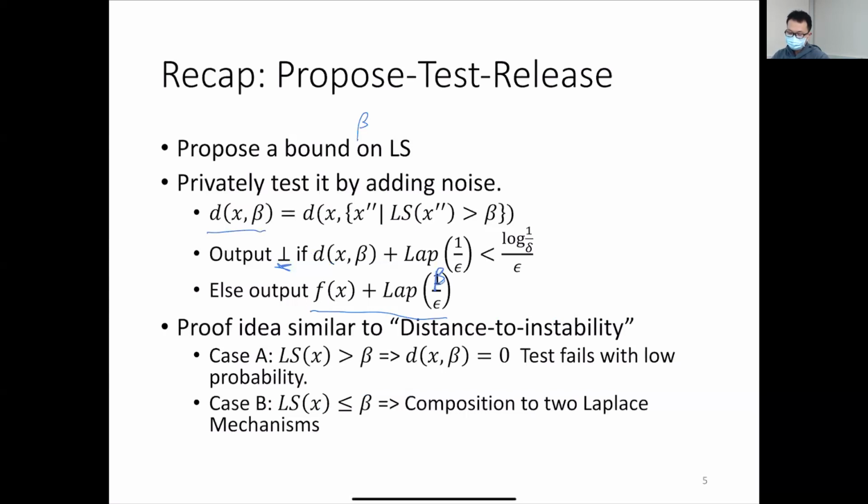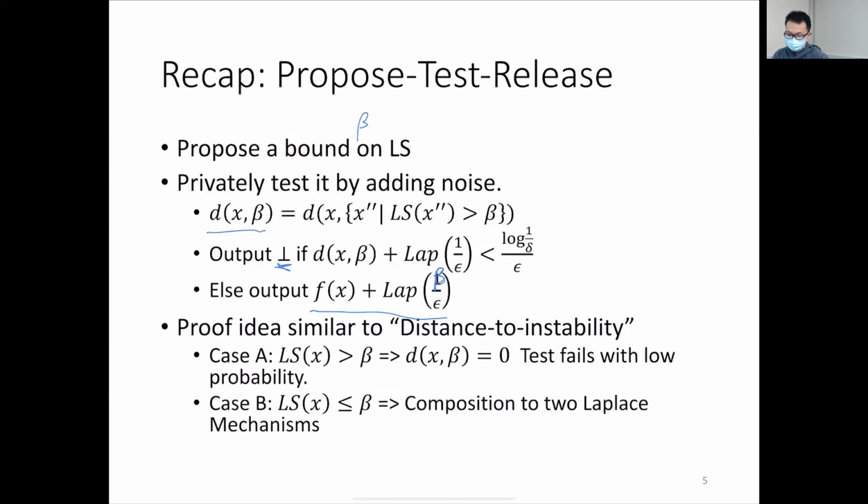Right. So the proof idea is very similar to distance to instability, so I won't go into the details there. There are some subtle differences. First of all, if the local sensitivity of x itself is already larger than beta, then we know that the distance to this beta instability is 0, because x has 0 distance to itself.